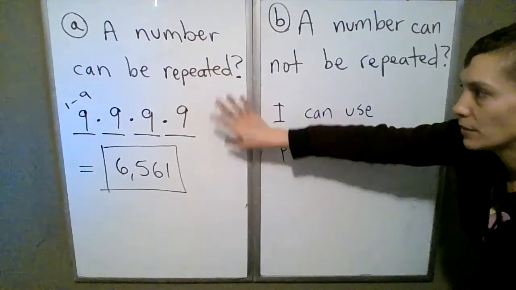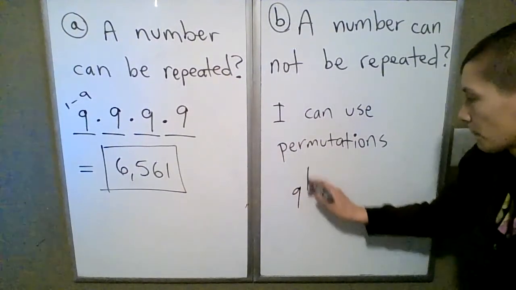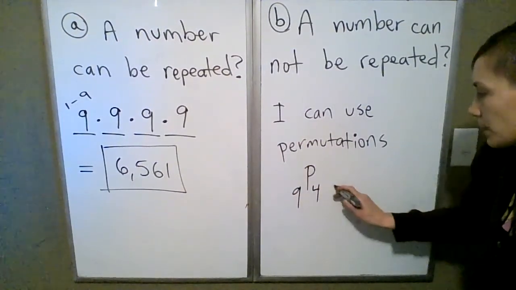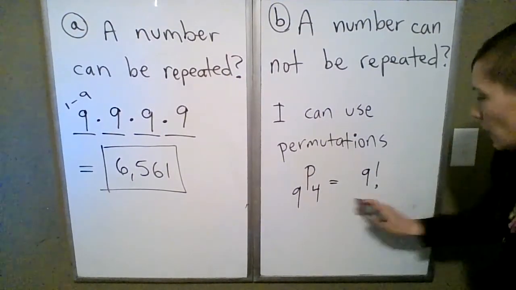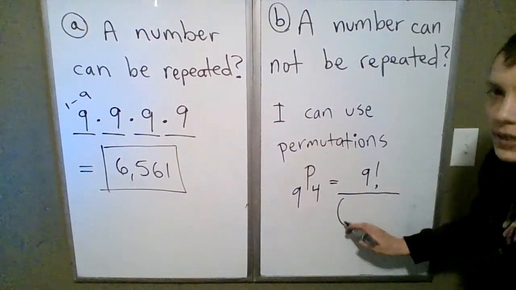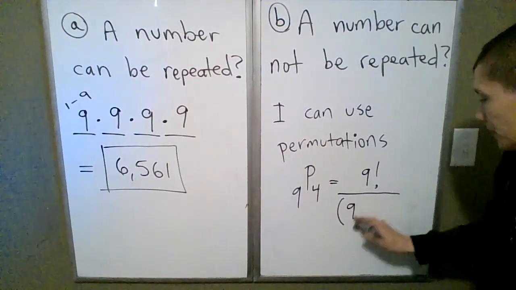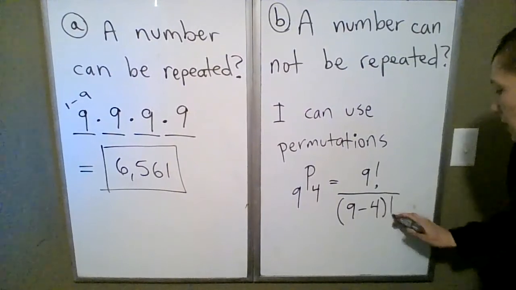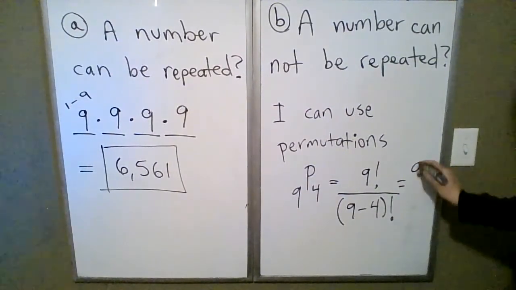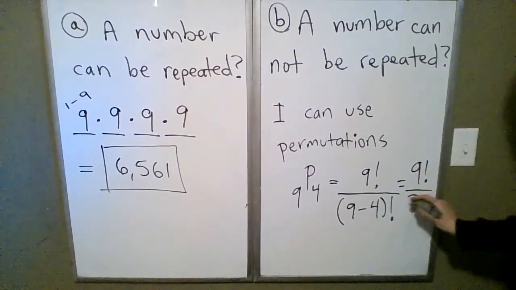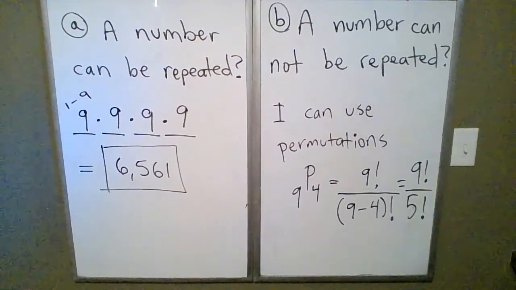Out of 9, permute 4. This is 9 factorial over 9 minus 4 factorial. 9 factorial over 5 factorial. We're going to expand.